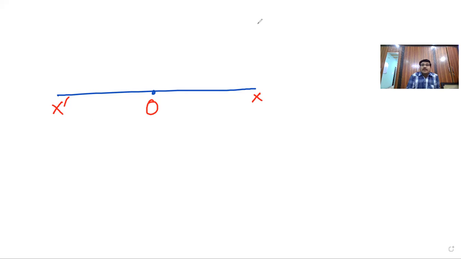Let us say the object has traveled from O to P, a path length of, let us say, 100 kilometers. How much, O to P? 100 kilometers. Clear? The object started from the reference point O and towards the positive x-axis traveled up to point P. The path length is 100 kilometers.